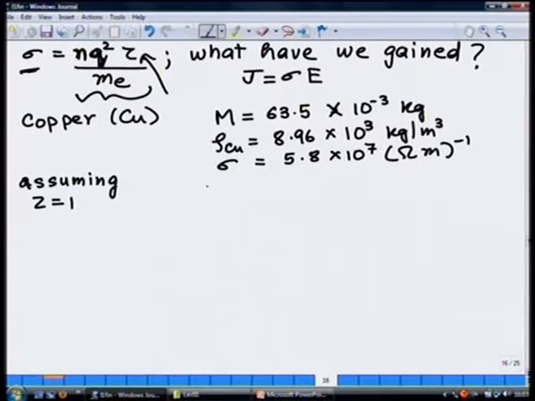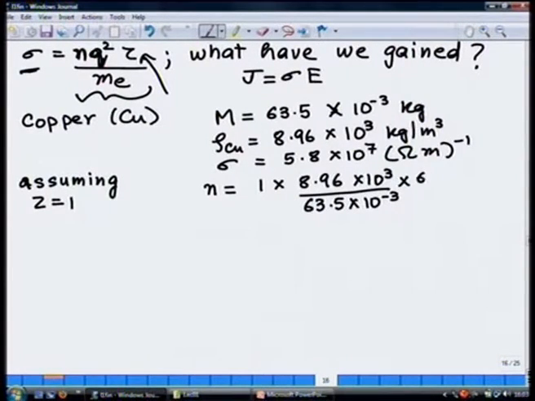copper. In that case, based on the formula we had derived, we can calculate n. In fact, you can calculate this: 1 into the density, 8.96 into 10 to power 3 kg per meter cube, divided by the molecular weight, 63.5 into 10 to power minus 3, gives moles per meter cube, into 6.023 into 10 to power 23 atoms per mole.